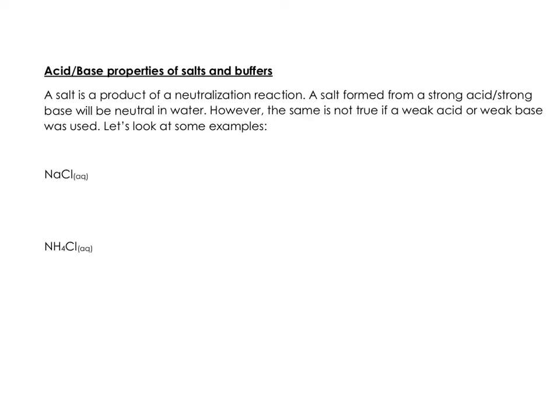Okay, sodium chloride. Sodium is a positive ion. So with water, we would write out the equilibrium expression. Basically, split up your salt into the cation, the positive ion, and the anion, the negative ion, react it with water, and then see what your products are.